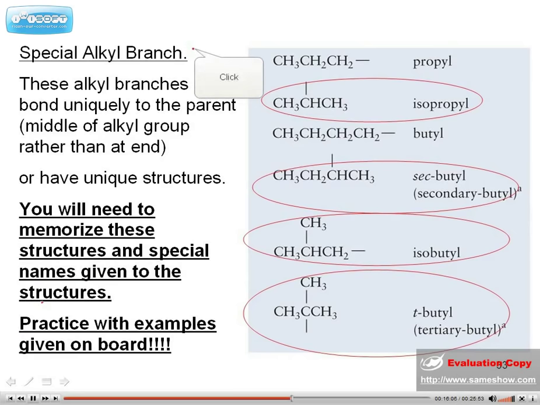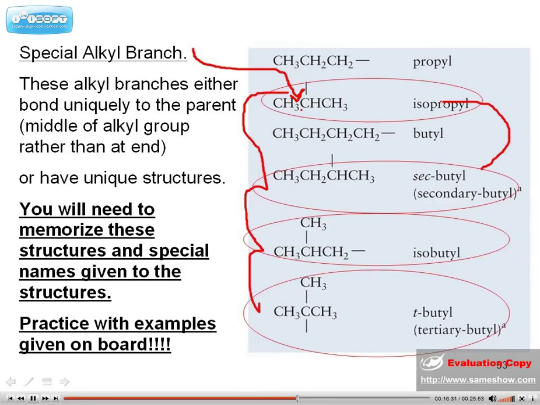The IUPAC community, the scientists, decided to go ahead and use their original common names, and they incorporated them into the IUPAC naming schemes. So in this case, you will have to memorize all of these that are circled. By the way, the ones that are not circled, these you should know automatically. But these are the common branch names that you will have to know.